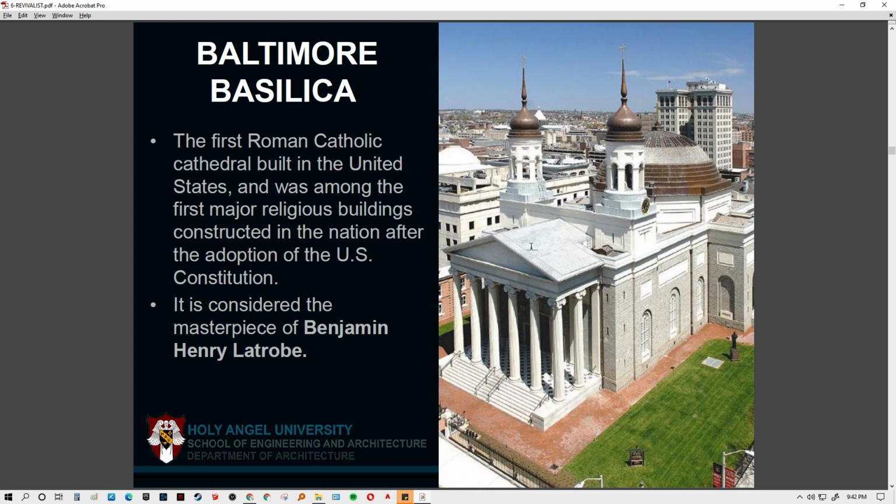In our main building in Holy Angel, the facade is inspired by a neoclassical style of structure.